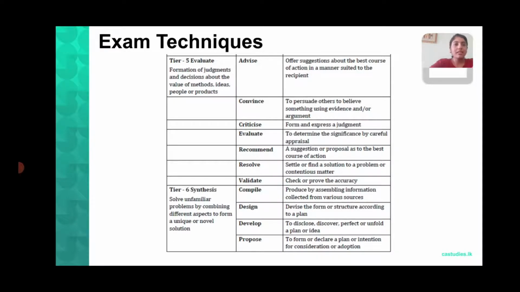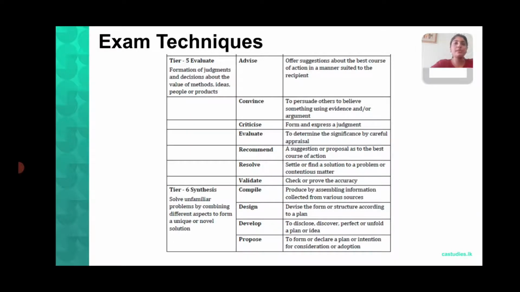Alright. Next, let's look at the last tier, which is synthesis. Synthesis involves words like compile, design, develop and propose. They are all to make you solve unfamiliar problems by combining different aspects to form unique conclusions.